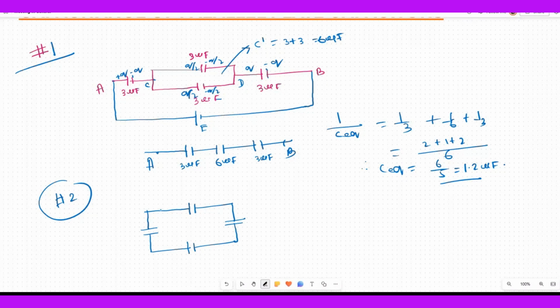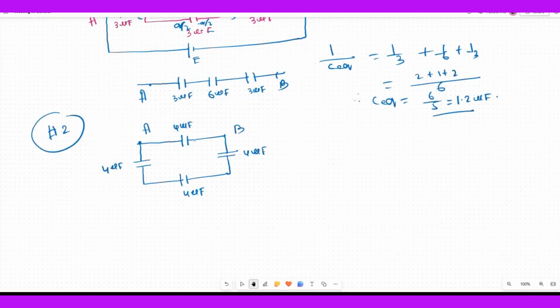Your problem is to find the equivalent capacitance between these 2 points, A and B. This has capacitance 4 mu f. And one thing I did not mention, the plates are of the same size and the same distance is maintained, so that they have the same capacitance over there.